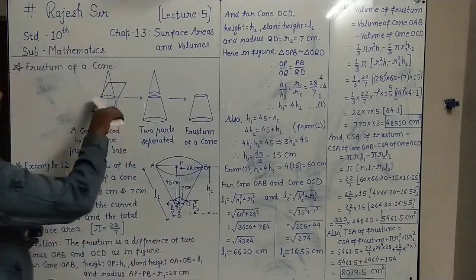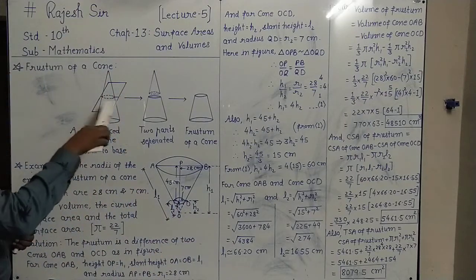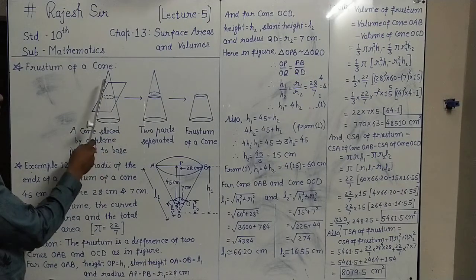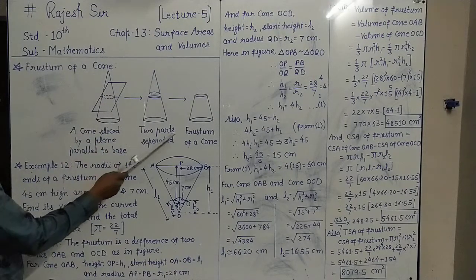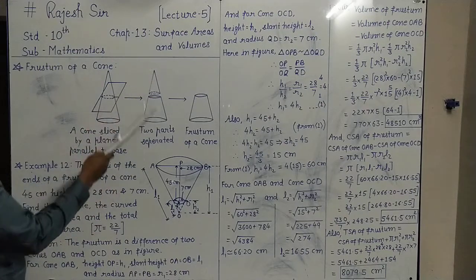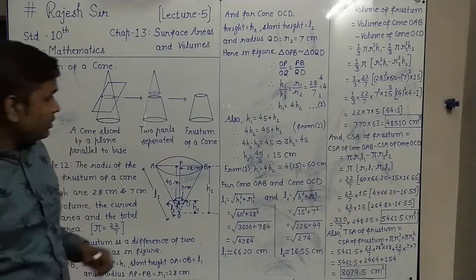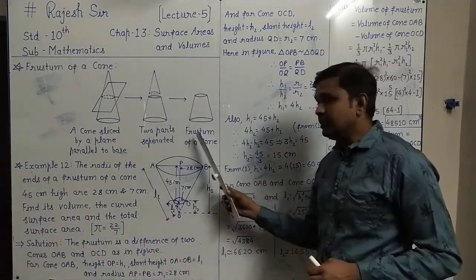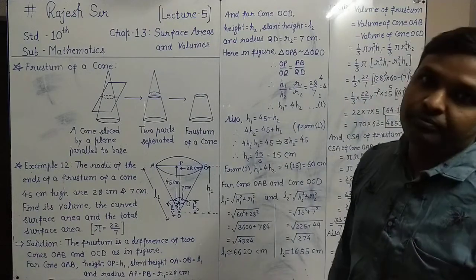If you cut by the plane blade parallel to the base, you will find the two parts of the right circular cone separated this way. The upper part is the smaller cone and the down part is the remaining part. This down part is actually called a frustum of a cone.